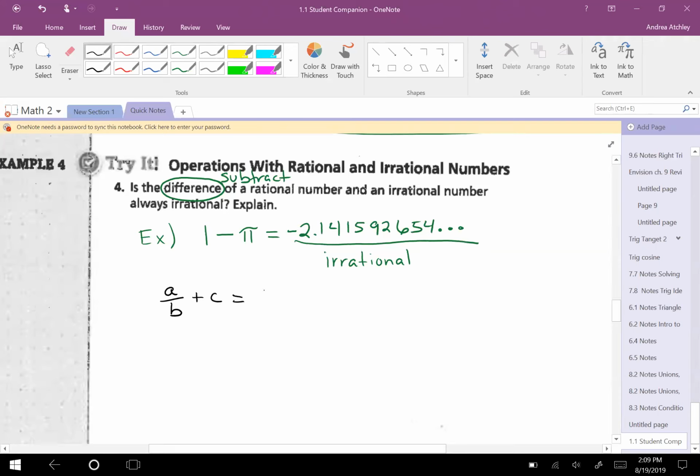And it's gonna equal P over Q. A over B represents a rational number. C is representing an irrational number. And they're saying it's going to equal a rational number.